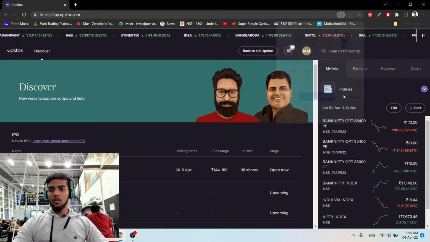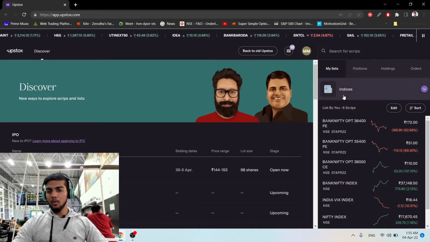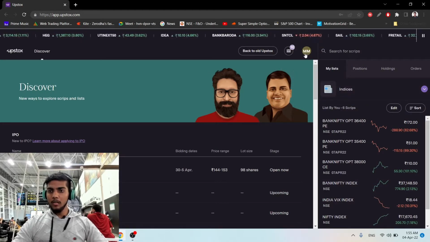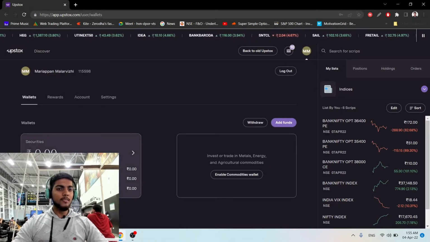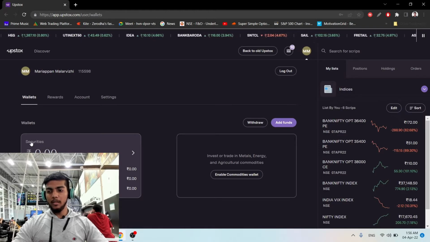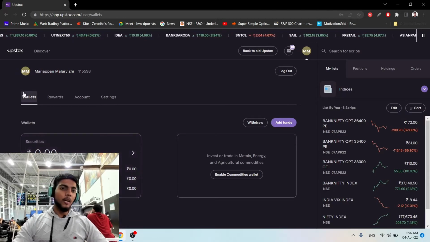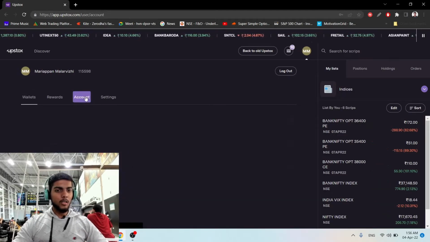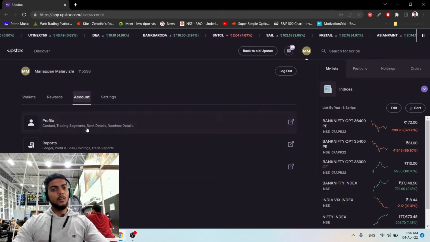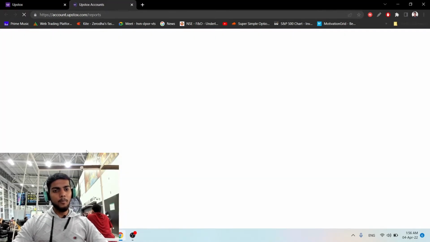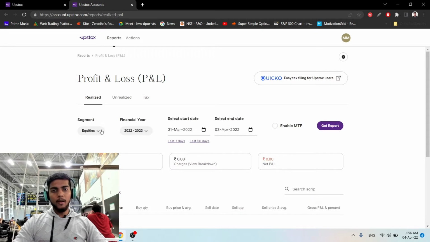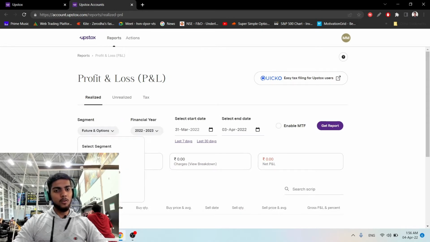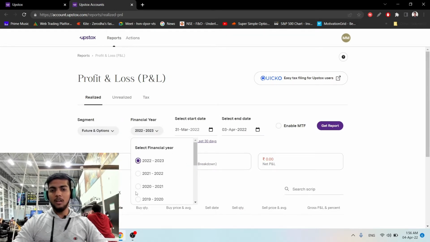Okay, so here we are in Upstox. This is the broker that I'm using at the moment. It's showing zero because of maintenance, and things will be fine around 8 in the morning. So let me go straight into the account, and we'll go to reports, then profit and loss, and the segment is futures and options, and then the last financial year.